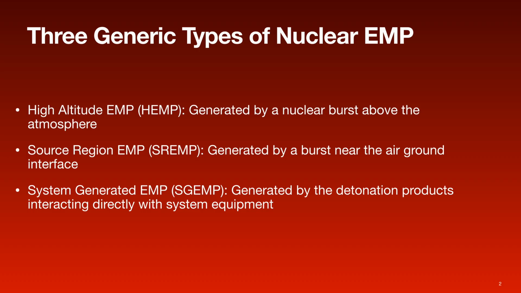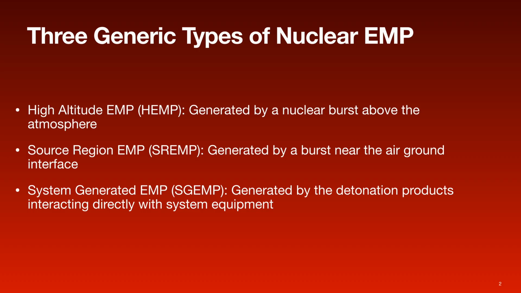surrounding environment. For high-altitude EMP, that environment is the Earth's upper atmosphere. For source region EMP, it is the Earth and its adjacent atmosphere. System-generated EMP, on the other hand, does not occur until equipment is introduced.